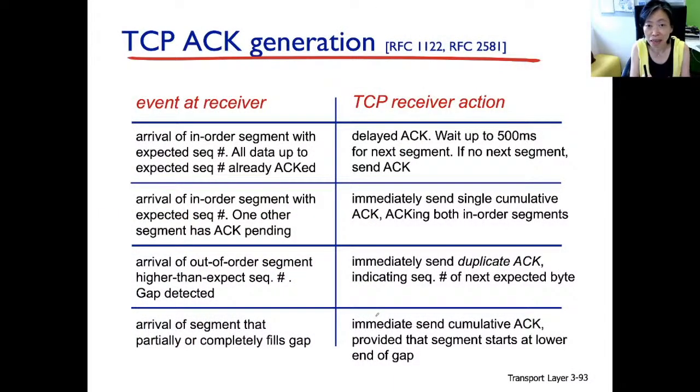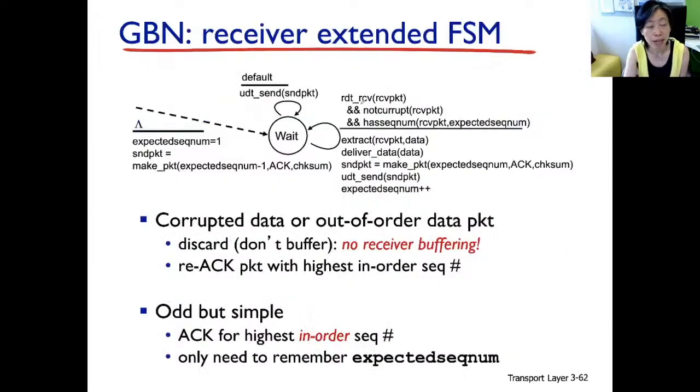This is the mechanism implemented at TCP's receiver. Now, in order to contrast TCP's receiver to Go-Back-N's receiver, let's bring back the Go-Back-N receiver's finite state machine. There are only two events.